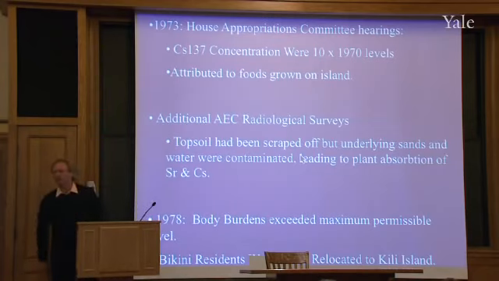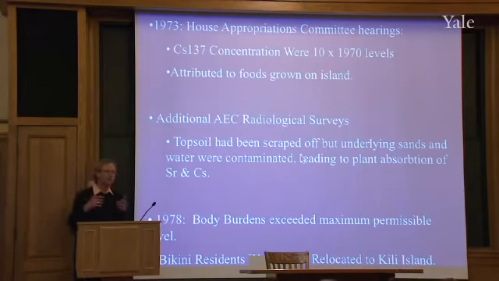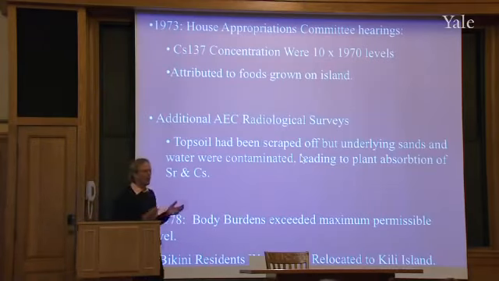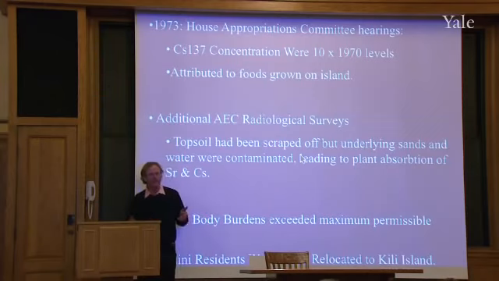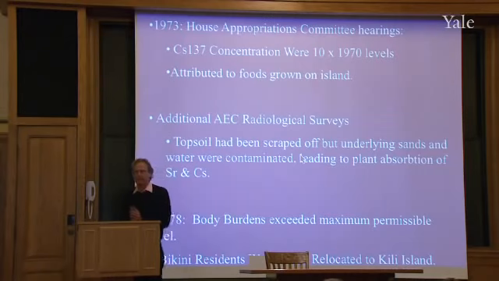So during the period when they were restoring the soils and trying to figure out which crops they could grow, they were often importing food. But as they grew more and more food on the island, they found that the plants they had chosen were drawing the radionuclides from the soils and from the underground waters. So they decided, oh, well, perhaps our surveillance was not sufficient.